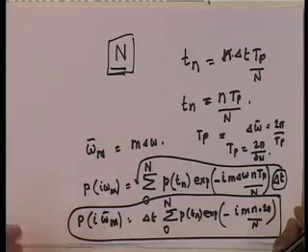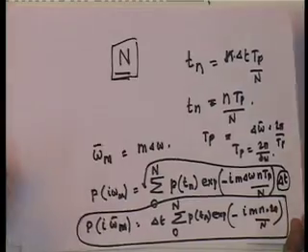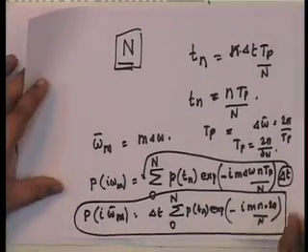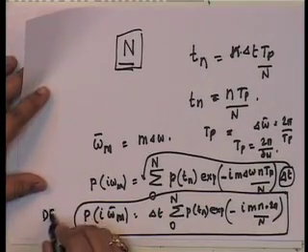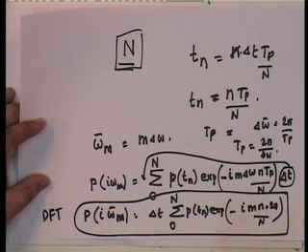And if I look at the flip side, if I look at my P of t, the inverse. So, this is my discrete Fourier transform. Now, if I want to look at the inverse Fourier transform, what do I get? Well, the inverse Fourier transform is what?